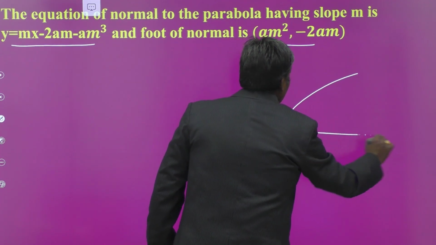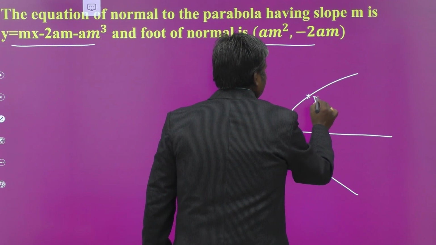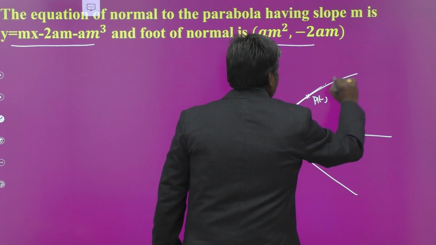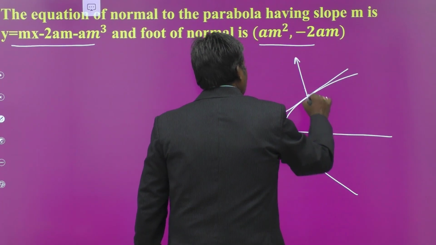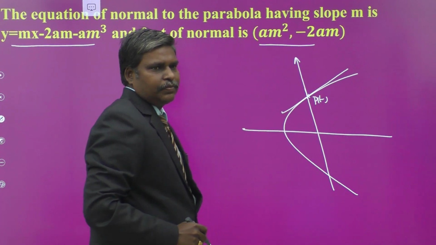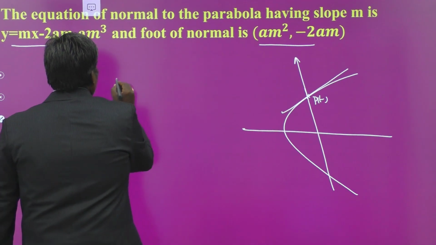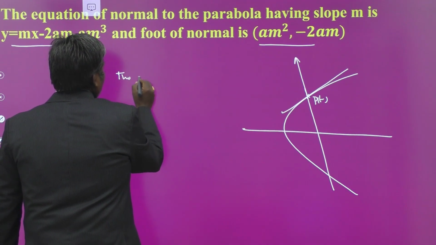So the given line is normal at P of t, say. This is the tangent, this is the normal to the parabola. The normal at P of t to the parabola is what?